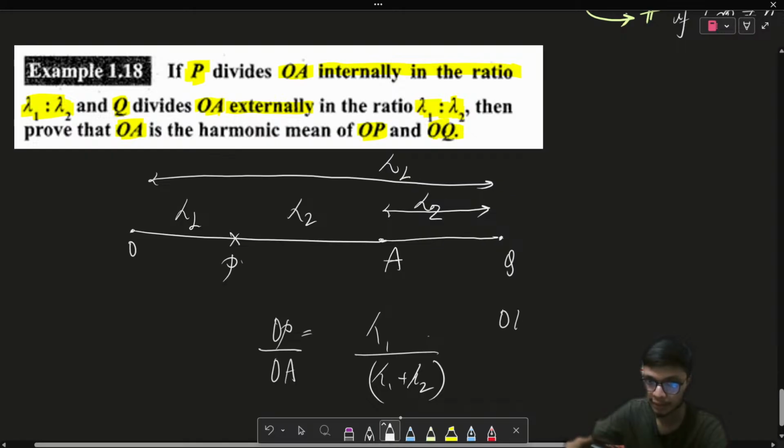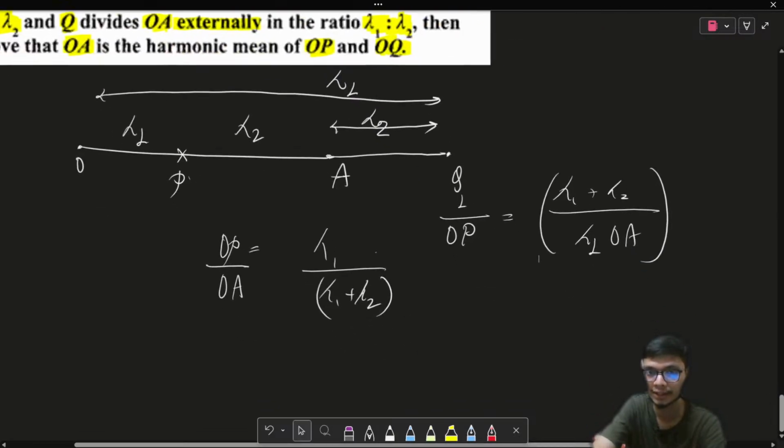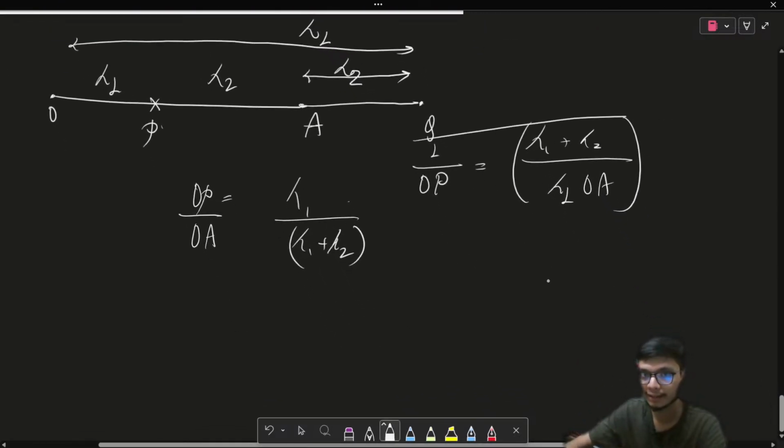So from here, what I can comment is that 1 upon OP is equal to lambda 1 plus lambda 2 divided by lambda 1 times OA. Right, I can easily write this particular relation over here.